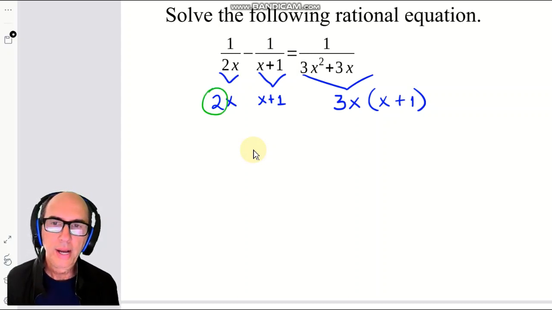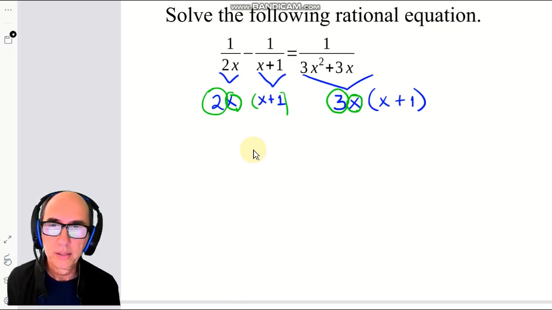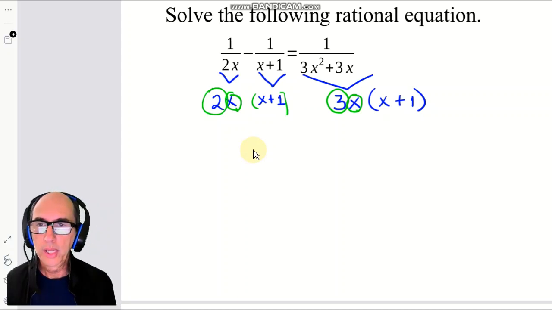Perfect. Now we will find all the unique factors. 2 is a unique factor. We have also x, a unique factor. We have 3, and look, x is repeated. We will get the one with the greatest power. So just x, both have power 1. And x plus 1 is also repeated. So we will get the one with the greatest power.